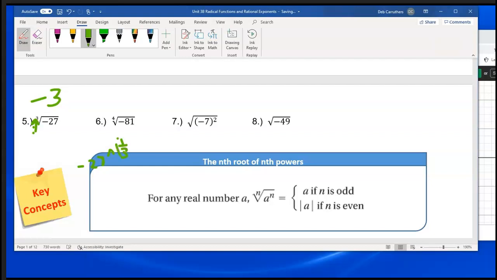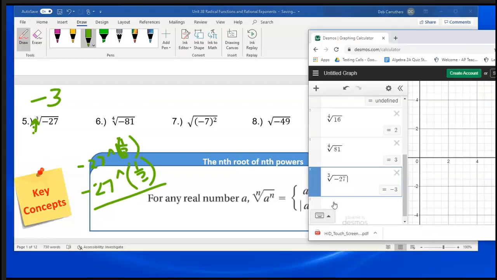You probably need to put parentheses around your 1/3. So let me write that a little bit bigger. This is the sequence that you would type in order to get negative 3 with your TI-84. This is just to give you a heads up.